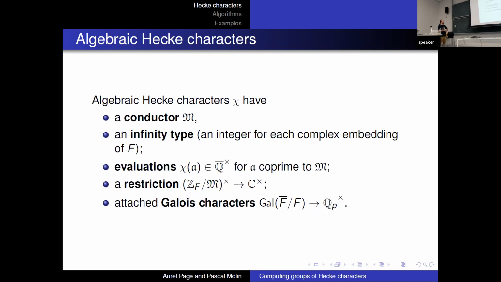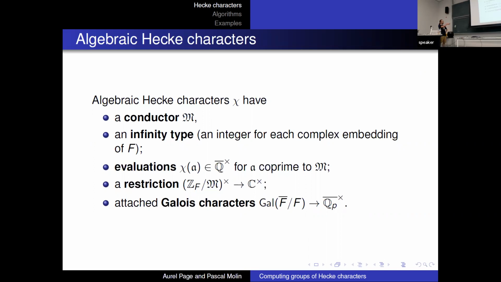Algebraic Hecke characters also have properties similar to the finite order ones. They have a conductor, which is also an ideal of the field. They have an infinity type, and that's just the data of an integer for each complex embedding of your field, so a bunch of integers.